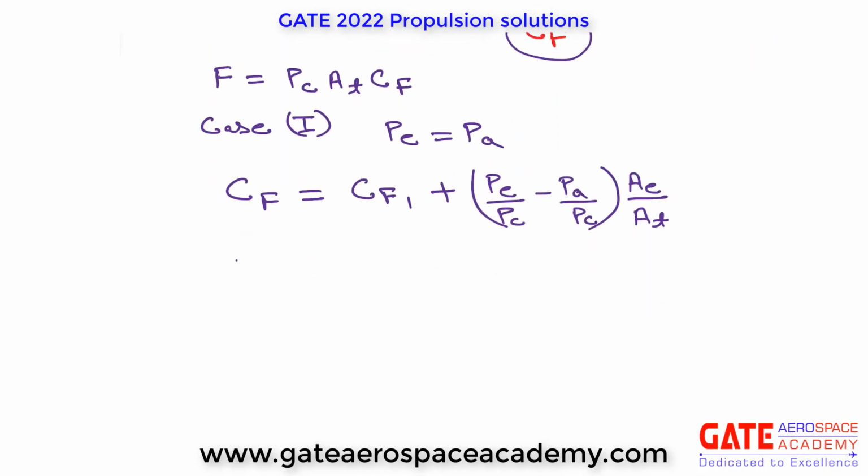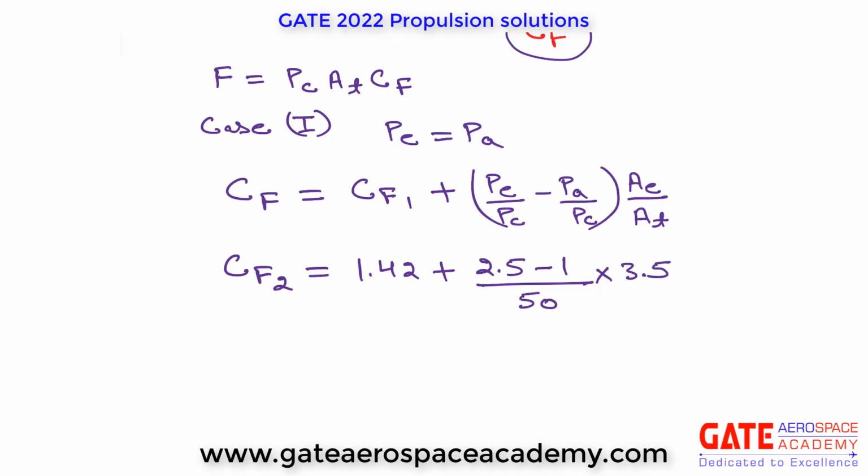So CF2 will be equal to CF1, that is 1.42, plus PE minus PA upon PC. So P exit for case 2 is 2.5 minus 1 upon PC, that is 50, into AE by AT, that is 3.5.